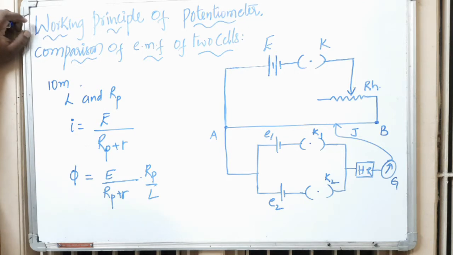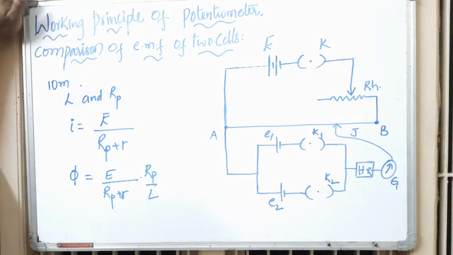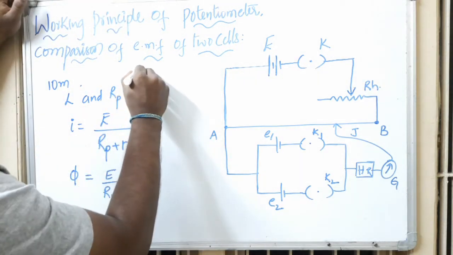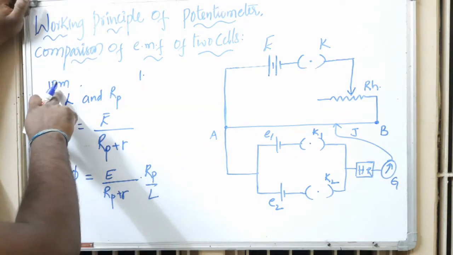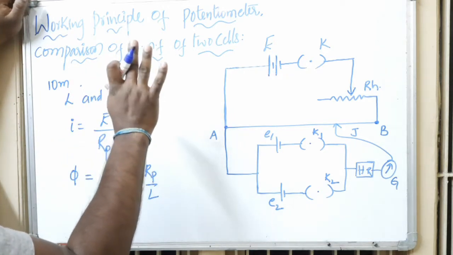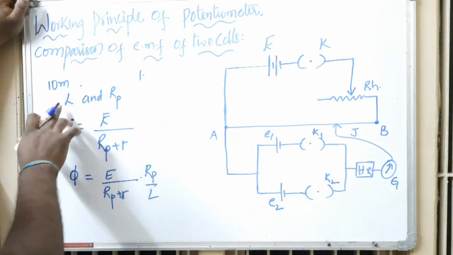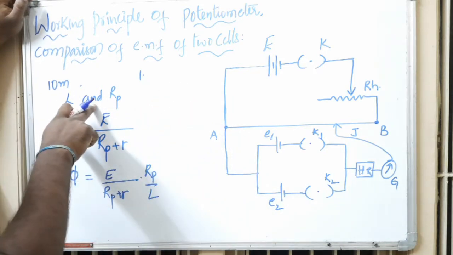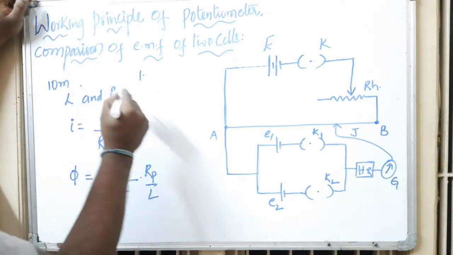So I will repeat again. First we have to write working principle of potentiometer. In that, I am writing the first point as: potentiometer consists of 10 meters length of wire with a uniform internal resistance. Let the length of the wire be L and the total resistance be RP.